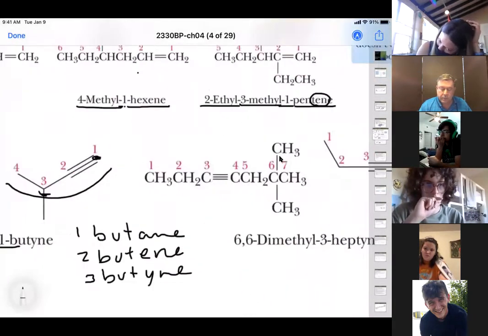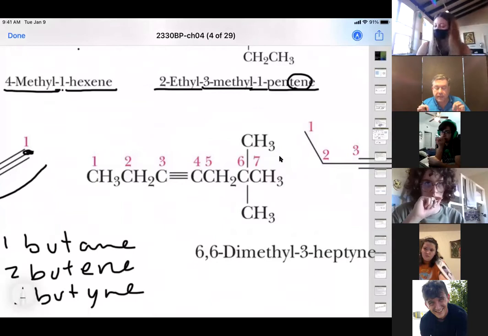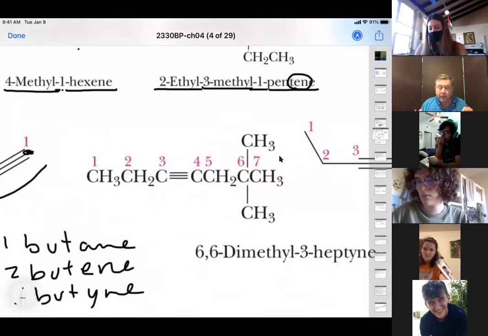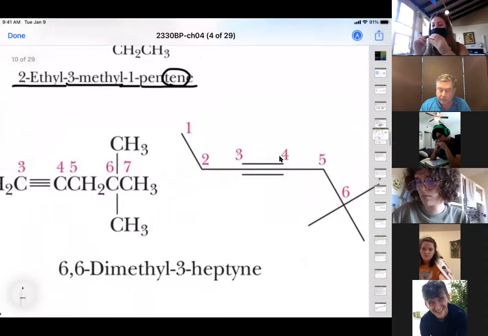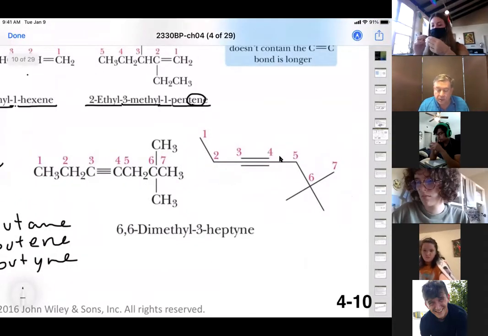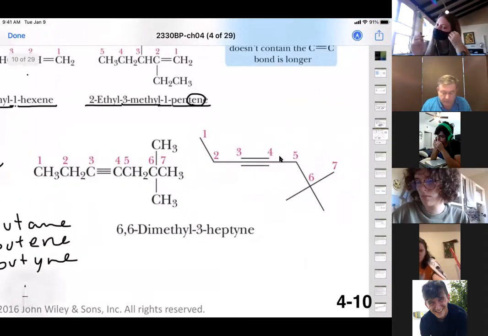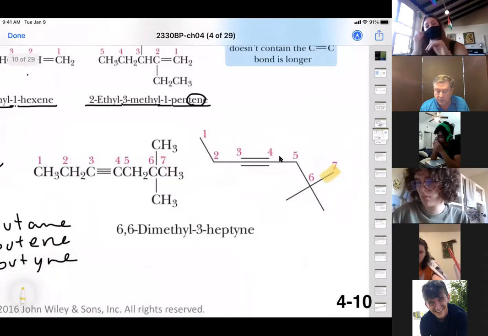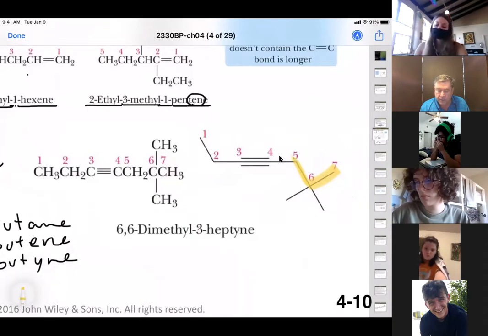Now let's do this one right here. In this one right here, we have to give our alkyne the lowest possible number. So that's going to control where our substituents are, okay? So I'm going to go ahead and in yellow, I'm going to try to go from the other side and see if we can't trick it. So we're going to go from 1, 2, 3, 4.